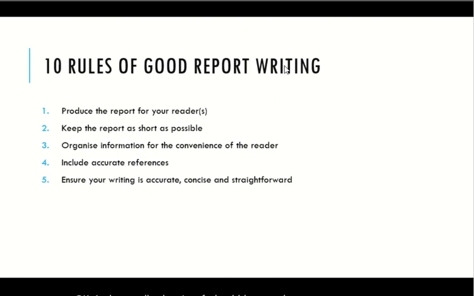Ensure your writing is accurate, precise, concise and straightforward. You want to write like these sentences. Each one of them is a very straightforward sentence. And generally, we use active voice. There are two voices of writing, active and what?